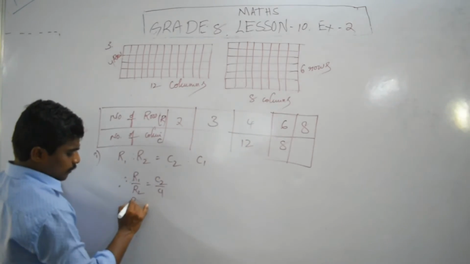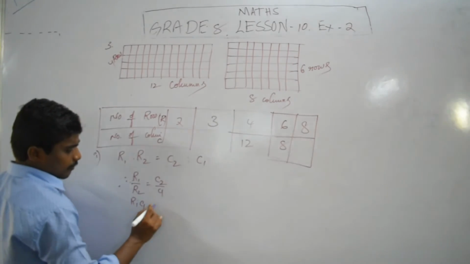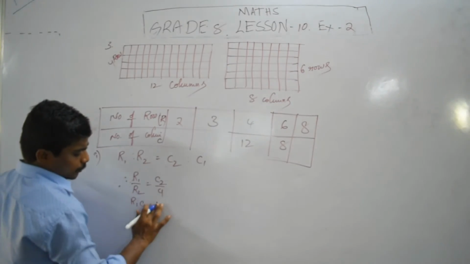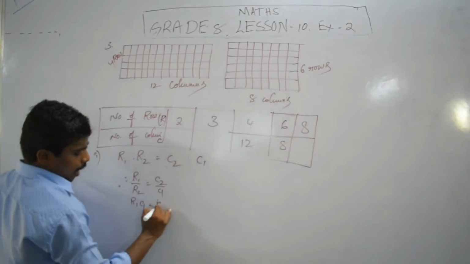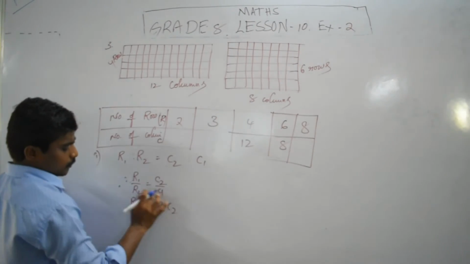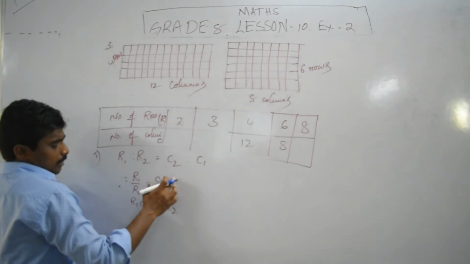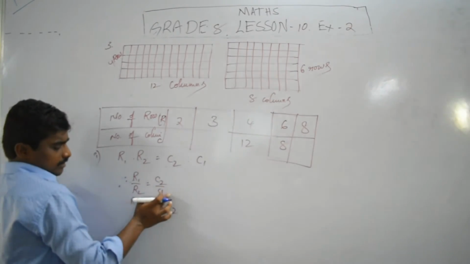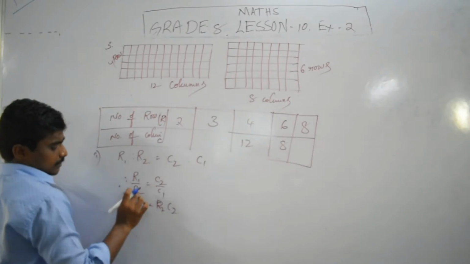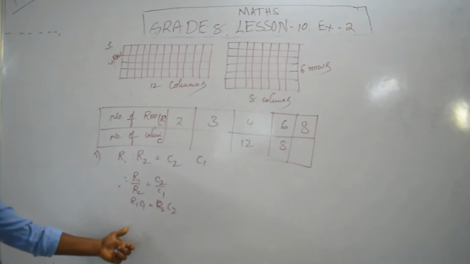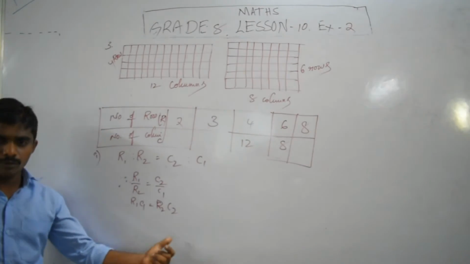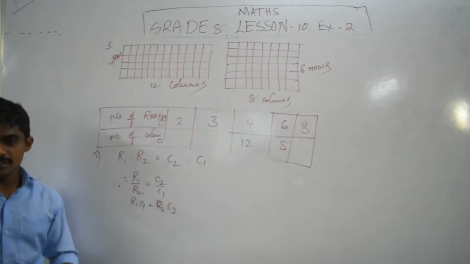So R1 cross C1 equal to C2 cross R2. This one we multiply with the LHS, and C1 multiply with the LHS. So R1 C1 is equal to R2 C2.